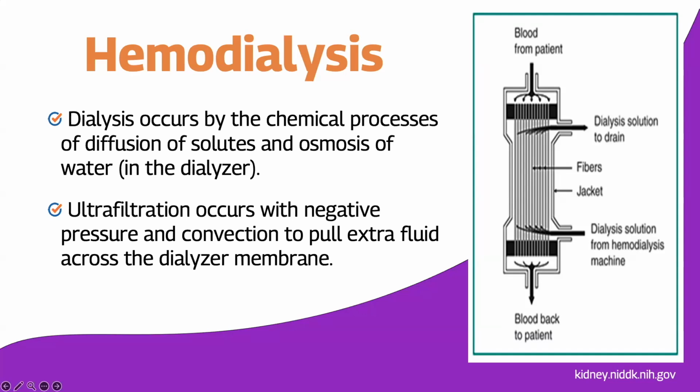But urea and creatinine move easily from the blood to the dialysate for removal from the blood. Osmosis refers to the movement of fluid across the semipermeable membrane. Ultrafiltration is going to occur with negative pressure, and convection applies specifically to pull that extra fluid across the dialyzer membrane from the blood, which is then returned to the patient via their vascular access.